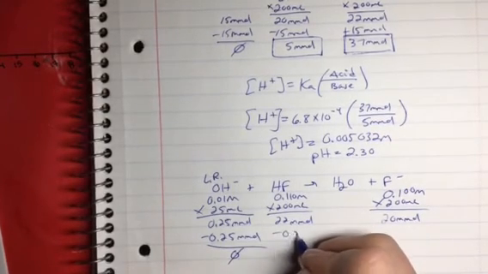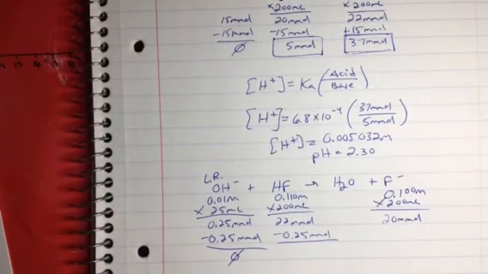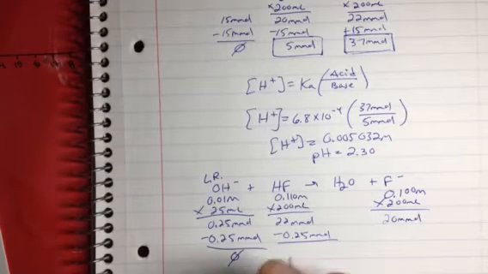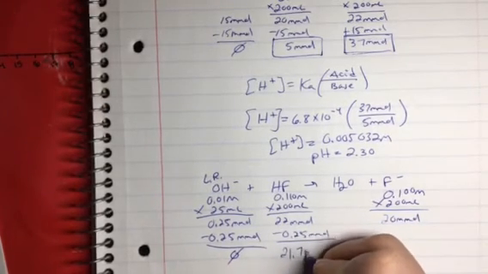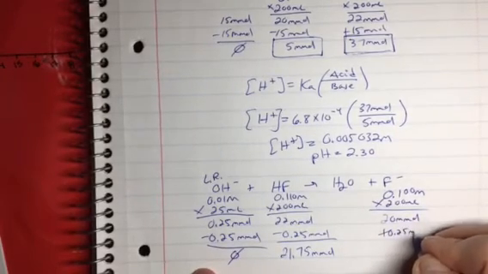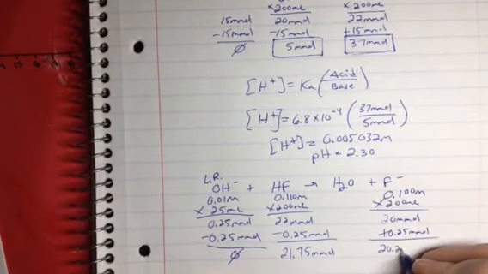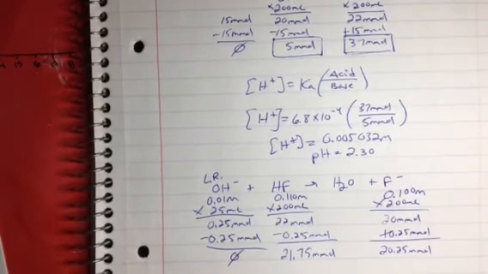And this is also going to go down 0.25 millimoles. And I'm just going to keep those extra digits, even though we might be unsure about maybe the last one, and say that this is 21.75 millimoles. And as it goes forward, this goes up 0.25 millimoles. And so this gives us 20.25 millimoles of the fluoride ion.